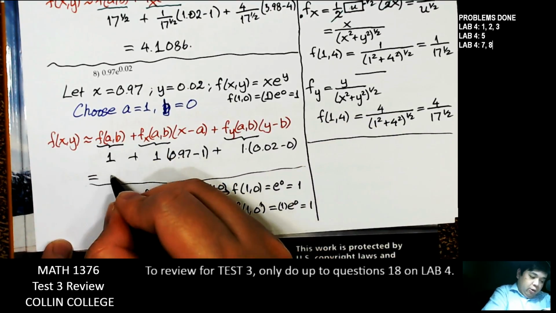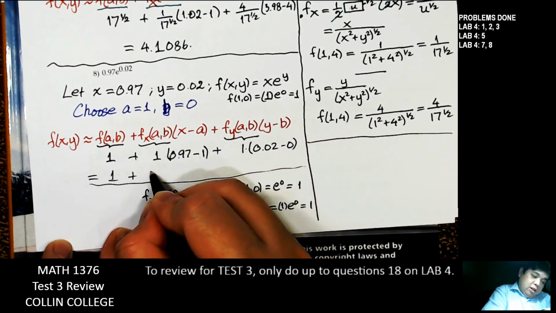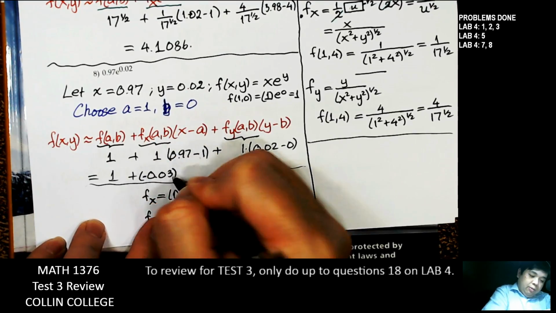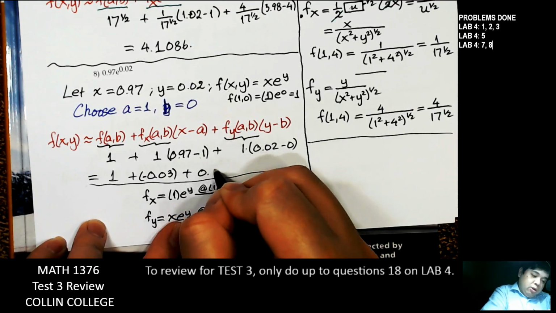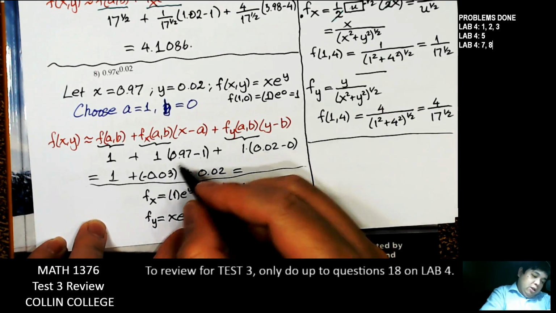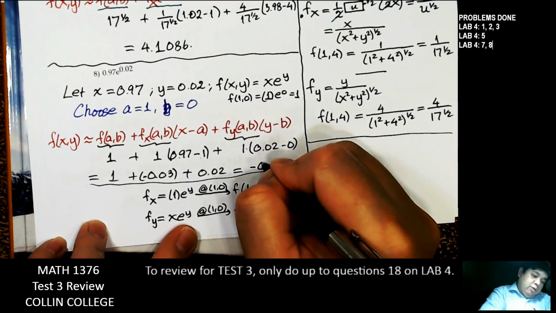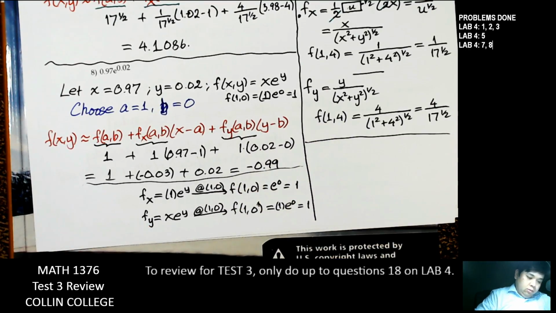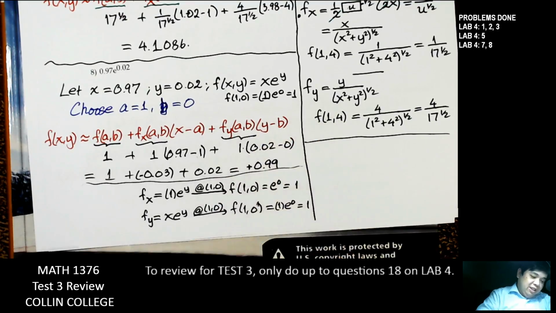So we have 1 plus negative 0.03 plus 0.02. So that will be 0.99. Right.